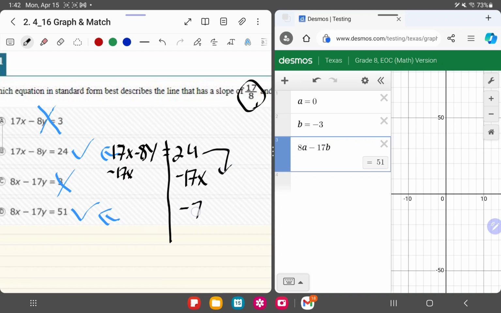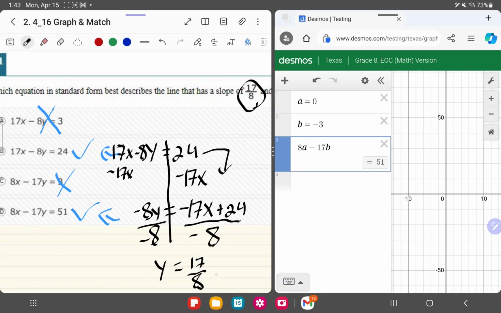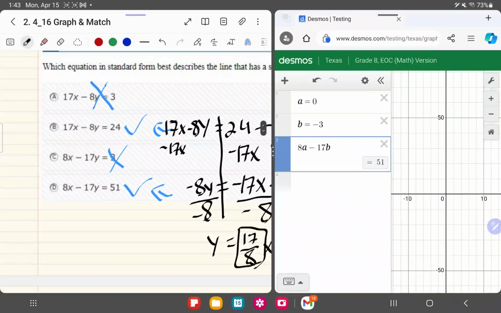So it's going to be -17x plus 24 equals -8y. Now we divide by -8 on both sides. And now we have y is equal to positive 17/8 x minus 3. And guess what? Did we get the same slope? Yes, that's the slope we're looking for. So my answer is this one right here.